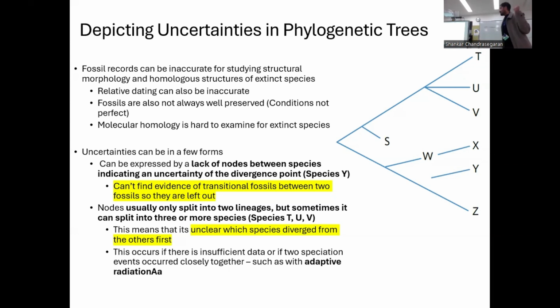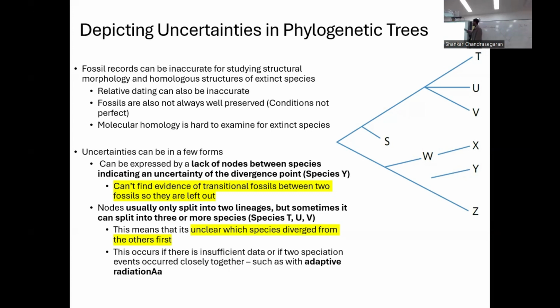Next is when nodes usually split into two lineages, or can split into three or more lineages rather than just two. So what does that mean? Essentially, most of these lineages you see split into two, right? One common ancestor diverged to become two different species, right?